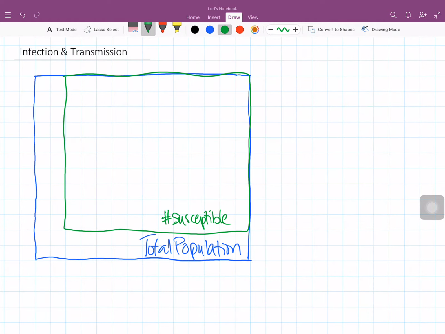The next subset is of those who are susceptible. There's only a subpart of that population that is exposed to that particular pathogen. So I'm going to draw another subset here, and this is the number exposed. And of those who are exposed, we have a lot of immune functions that prevent us from being infected.